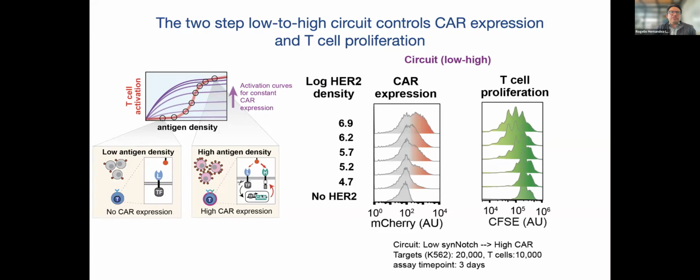To quantify the CAR, the molecule in green, we attach a fluorescent protein to it, so that using flow cytometry we can measure how much of this CAR has been expressed when you have T cells co-cultured with targets that have different expression levels. And again, hopefully you can see that the larger the density, so these are cells that express 10 to the 6.9 molecules of HER2 per cell, the larger the amount of the CAR on the surface of these T cells. So that's a very important aspect of how the system works.